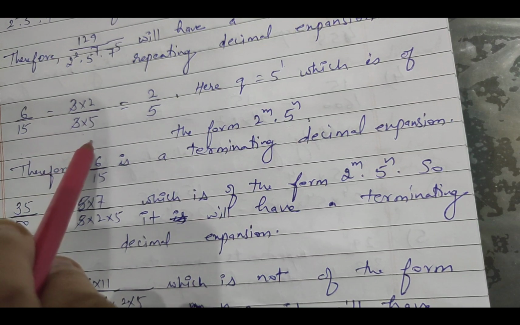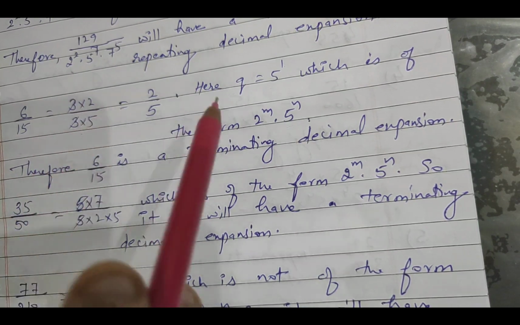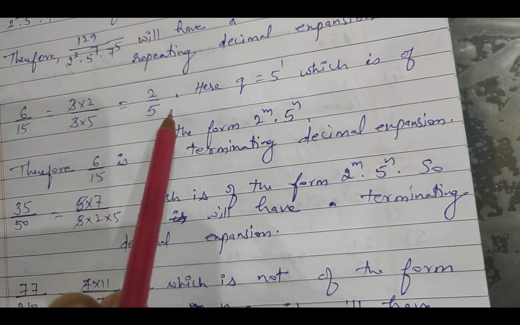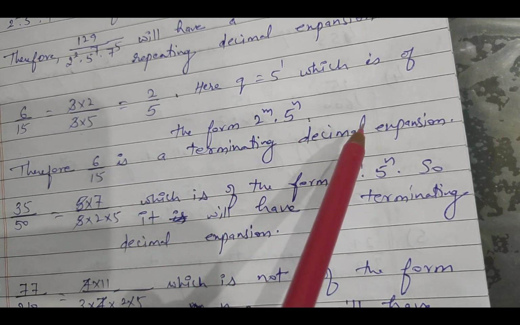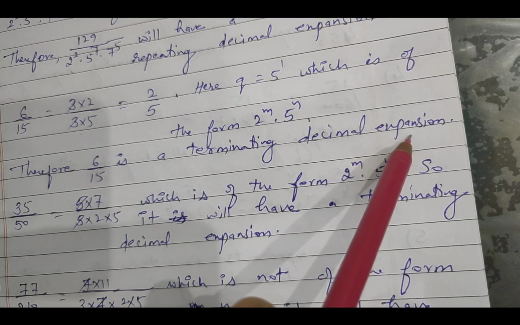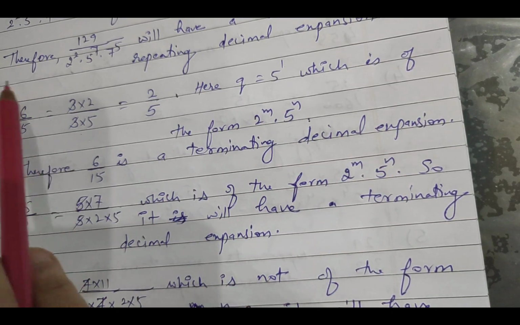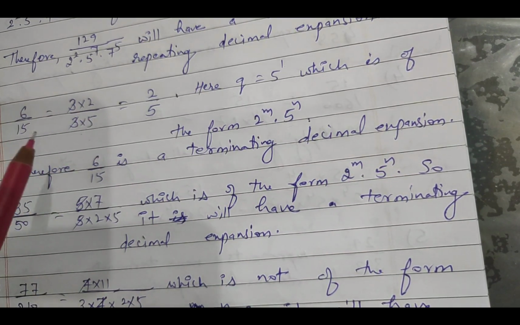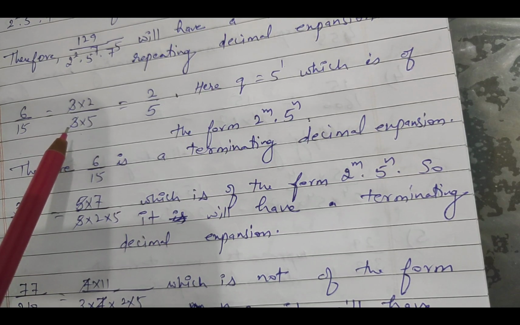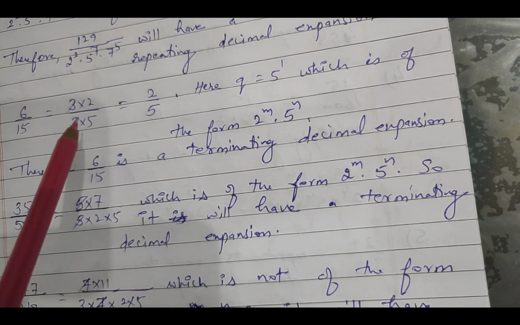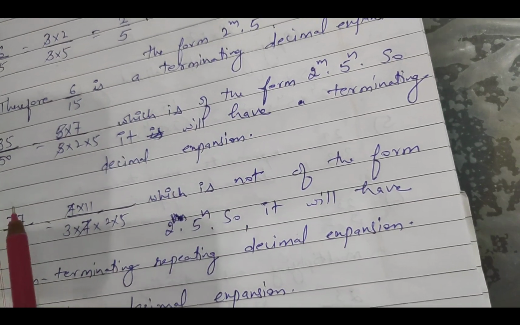Now we can judge that yes, this is of this form. Therefore, it is a terminating decimal expansion. Right? So students can commit this mistake most of the time if they don't cancel this 3. They might have the impression that 3 is there in the denominator, so it cannot terminate. So please take care.